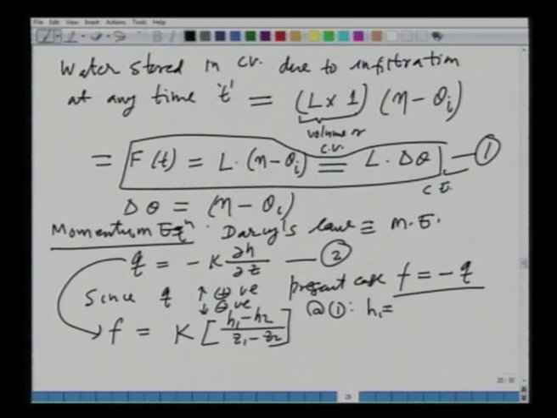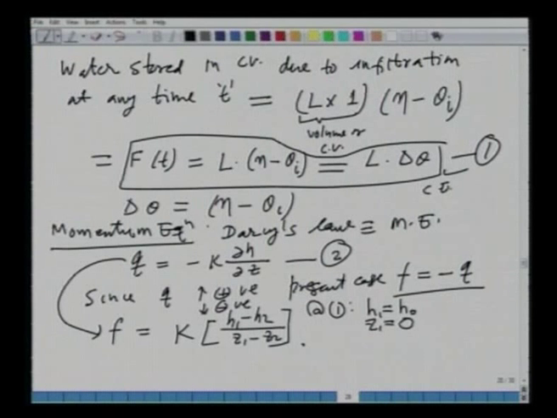H1 is the head or energy which is causing the flow, H naught. On the ground at 1 you have H naught, or the depth of water, which is the energy. What is Z1? Let us say Z1 is 0. That is our origin; let us say the datum is at the ground. So Z1 will be equal to 0.